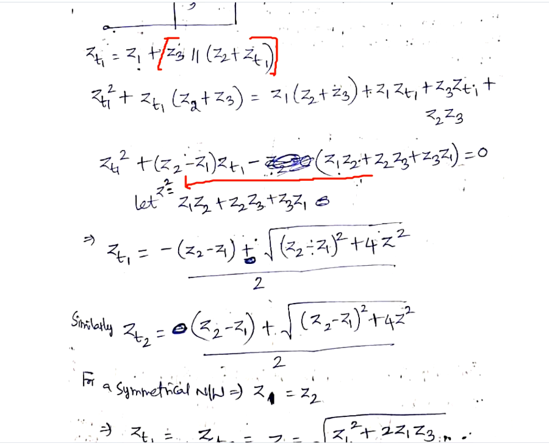With this quadratic equation, we will get ZT1 using the formula minus b plus or minus square root of b square minus 4ac by 2a, that is the solution or the roots of a quadratic equation. And we will be neglecting the minus case because we know that negative impedance doesn't exist here. We will consider only the positive case for ZT1.